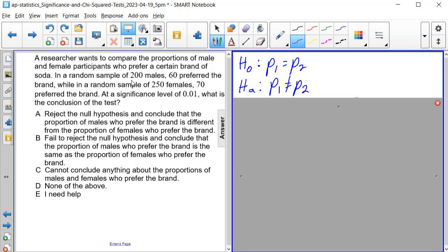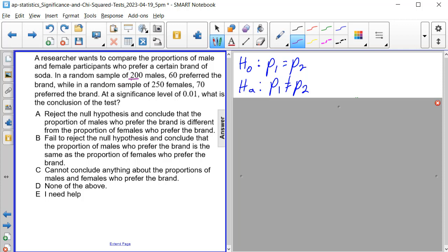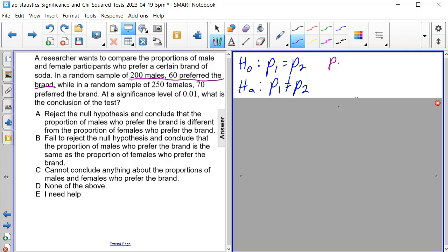In that random sample of 200 males, 60 preferred the brand. So that means P1 hat is equal to P sub 1, which is equal to 60 divided by 200. If we divide both the top and bottom by 2, we'll get 30 over 100, which is 30 hundredths, or 3/10.